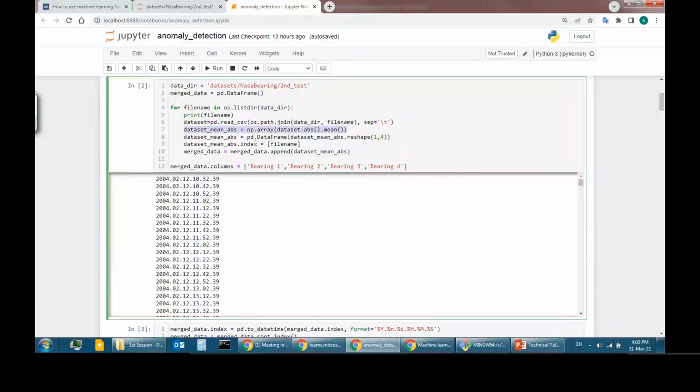Then they just add that value to some kind of data structure, we call it a data frame, called merge data. So now after this, they will have a table of data, many rows like these.